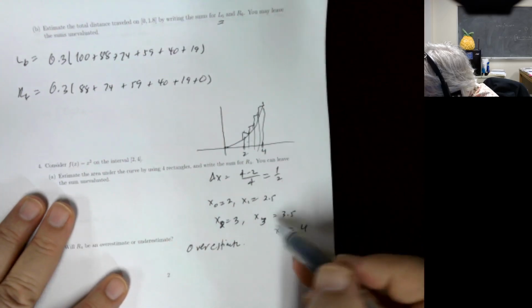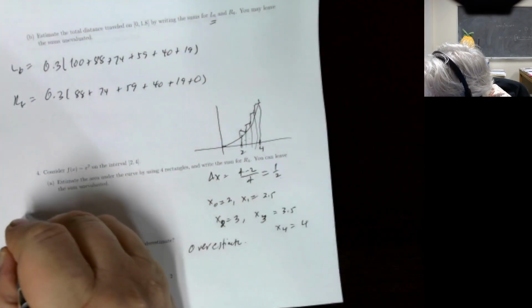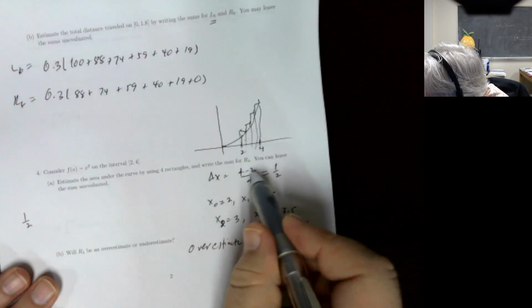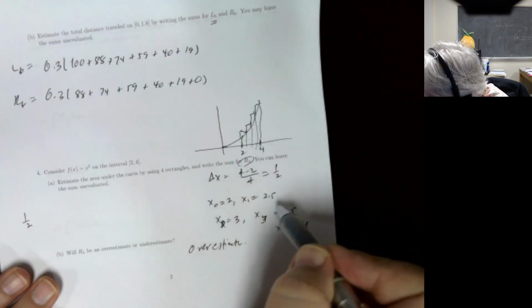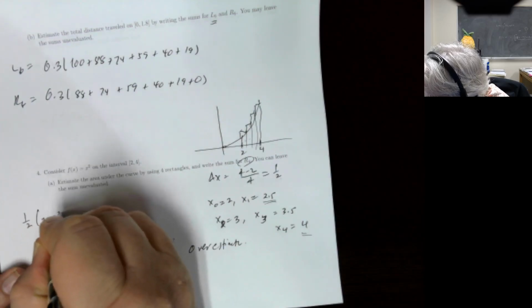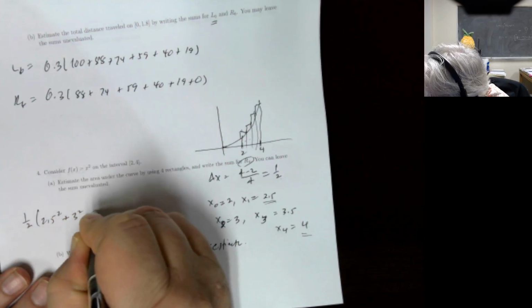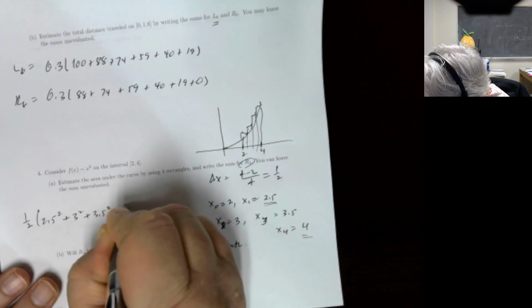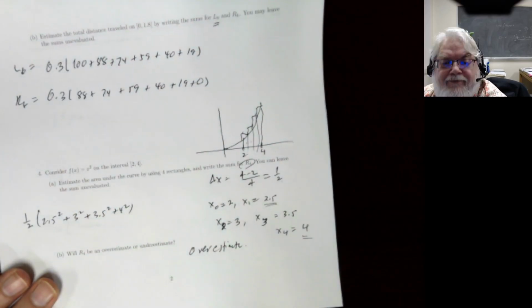Good. So with these values, now we can write down our sum for R4, because that's going to start at 2.5 and end at 4. So it's 2.5 squared plus 3 squared plus 3.5 squared plus 4 squared. Good. That's it.